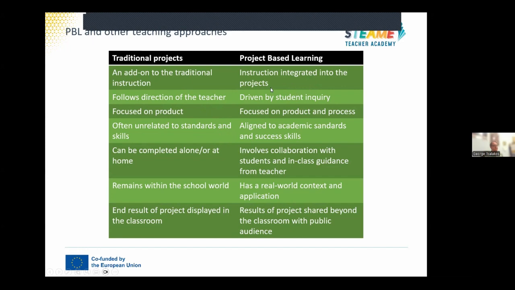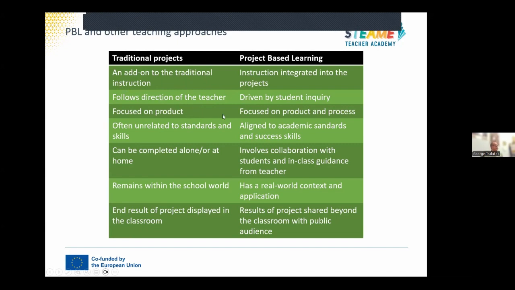It means that students in project-based learning are learning, or covering, the curriculum through their involvement in the projects, while a traditional project is over and above the curriculum and maybe not relevant to it.